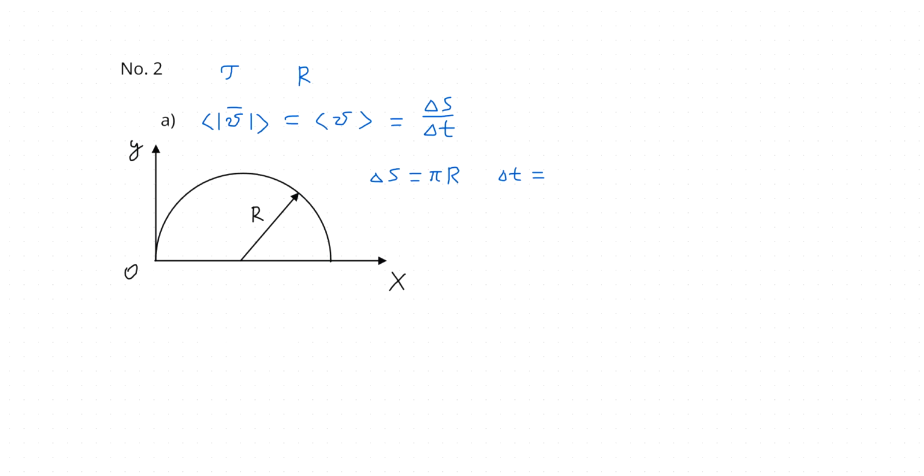So it is time tau, and we can write delta t is equal to tau. So according to this, we have pi r divided by tau. So this is the answer for the first part of the exercise.